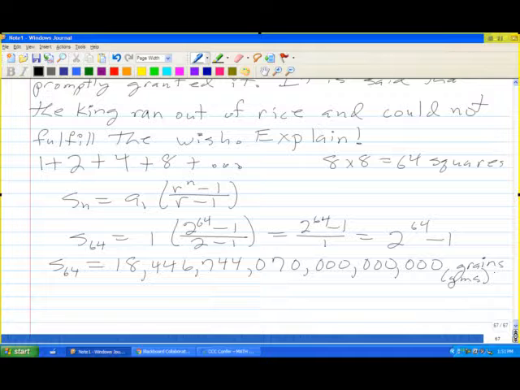So 1 grain of rice is approximately 1 gram. Actually, wait, 1 second.